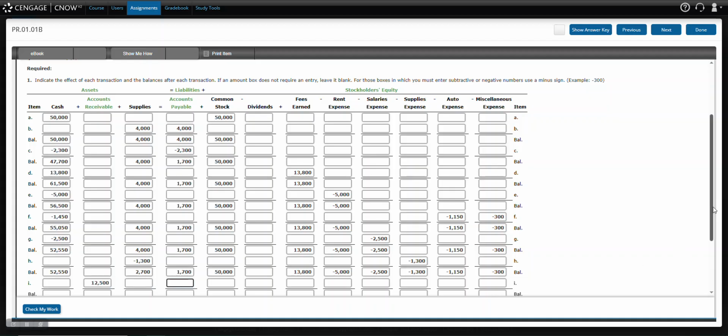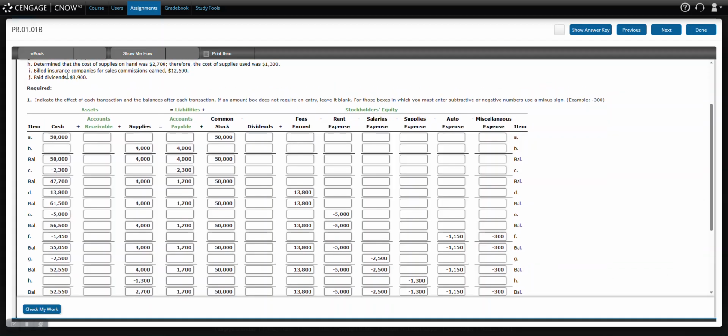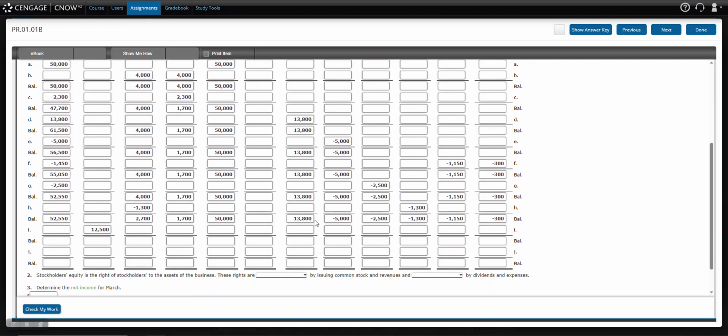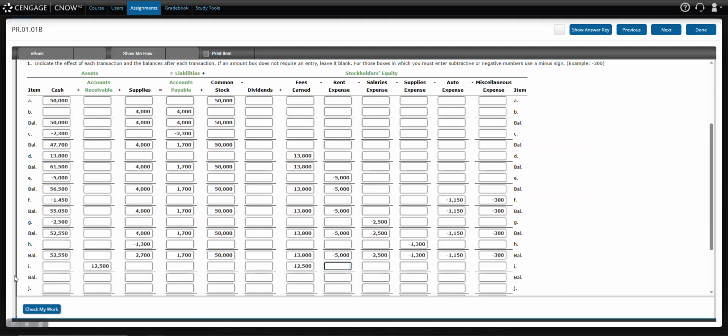But the key thing is that we've actually earned it. And here is that keyword earned. And we see over here our fees earned. We record our revenue when we earn it, regardless of when we actually get the cash for it. So I've earned the right to get $12,500 sometime in the future for something I've already done. So it becomes an accounts receivable.